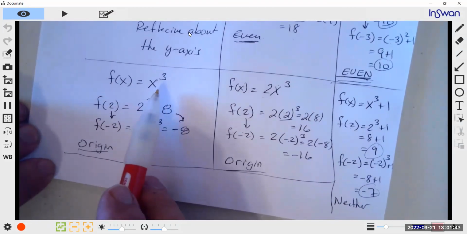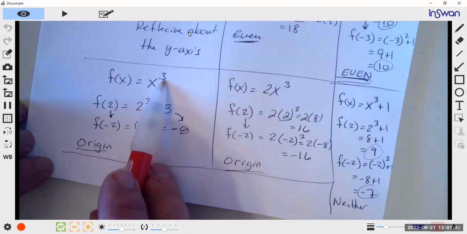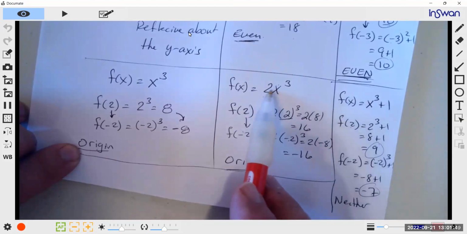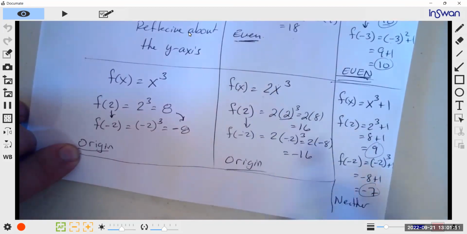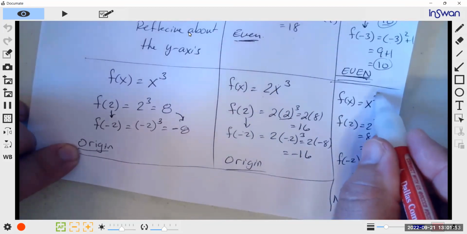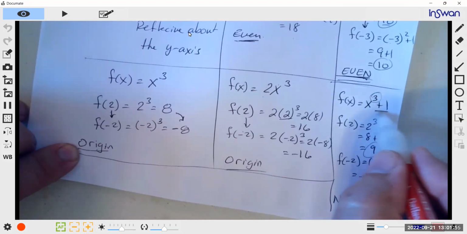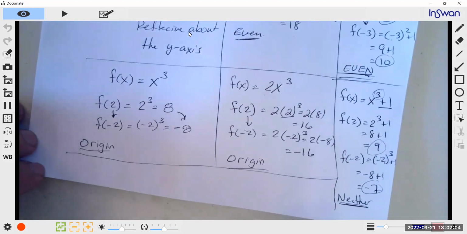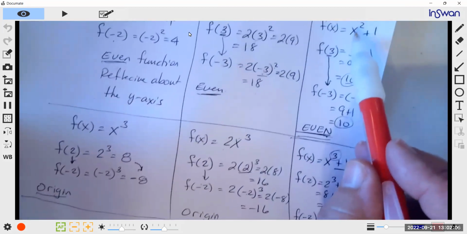If you have odd exponents, 3, 5, 7, 9, then it's going through the origin. If you have a coefficient, also go through the origin. But odd exponents cannot be matched up with constants. If you do that, it's a neither. You can only add and subtract numbers to an even exponent.